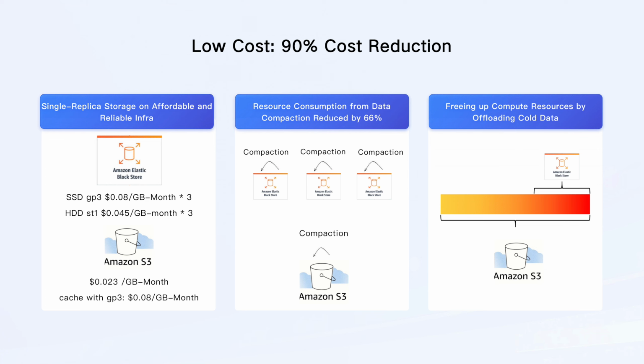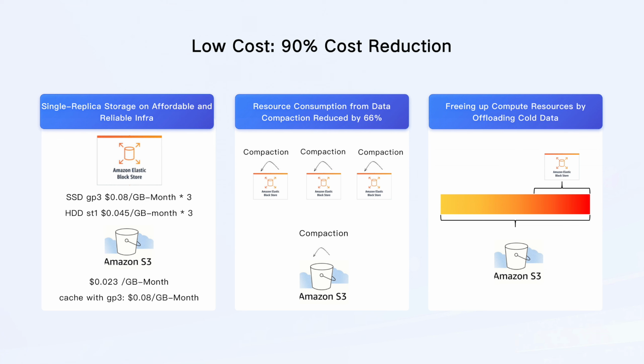The slides reference EBS, which is block storage. In a coupled setup, you're paying for 3 data replicas, but in a decoupled setup, you only pay for 1 data replica, plus some caching costs depending on how much data needs to stay hot. So the decoupled model drastically lowers storage expenses.